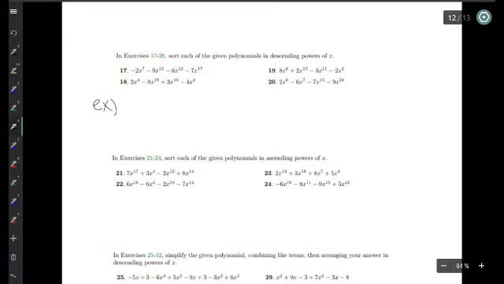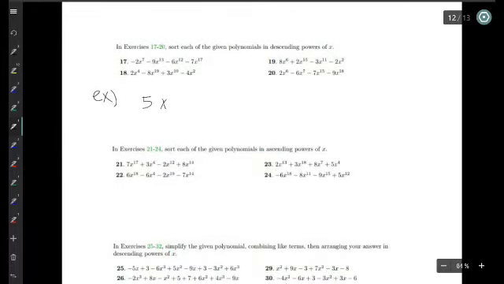So suppose that we had 5x to the 9th minus 8x to the 12th minus 19 2x to the 15th plus 2x to the 22nd.